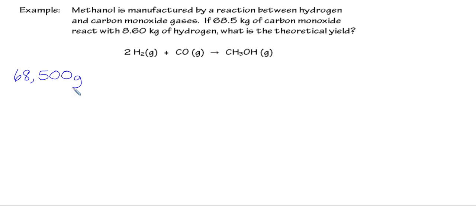Or you could put it in scientific notation, and that would be no problem whatsoever. So you could also say 6.85 times 10 to the 4th. Either's fine. That's the carbon monoxide.